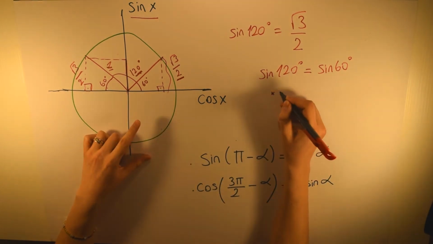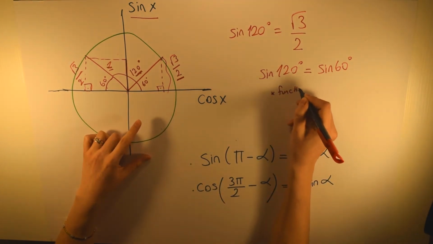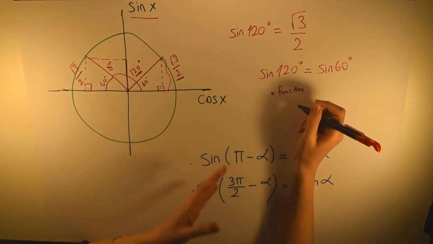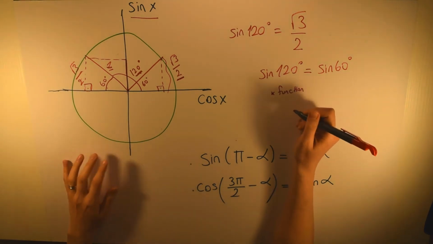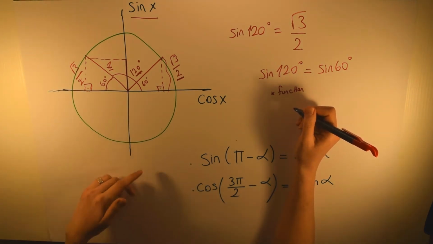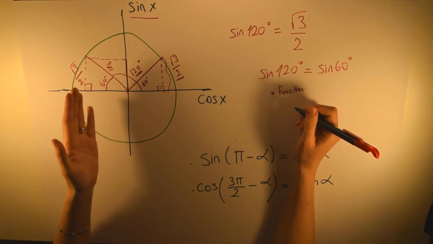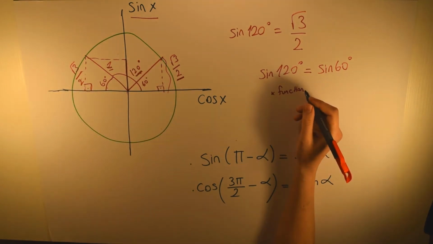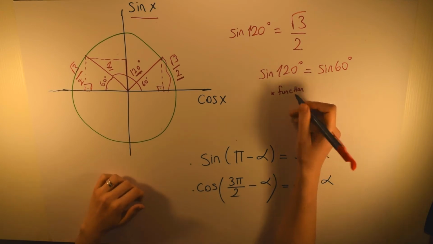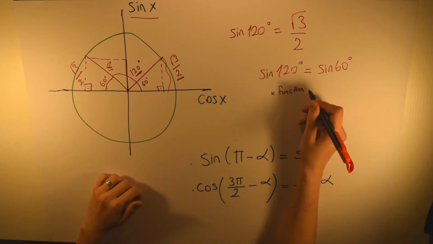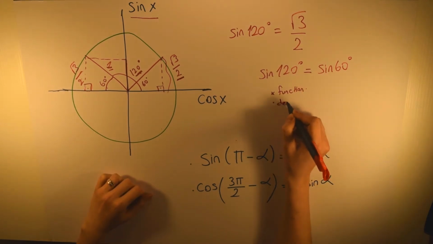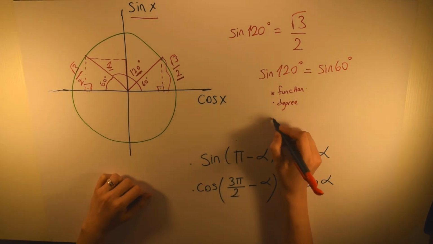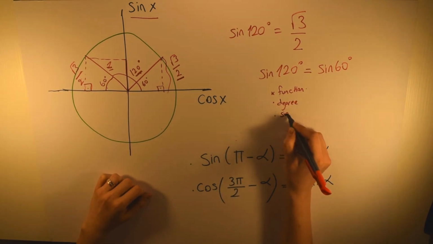If it is sine, cosine, tangent, cotangent, then you look at its degree, how many degrees, and then you look at its sign.